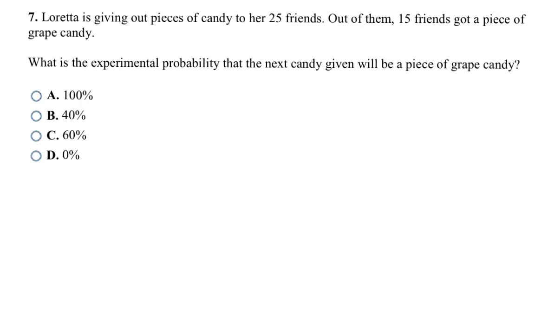This question says Loretta is giving out pieces of candy to her 25 friends. Out of them, 15 friends got a piece of grape candy. What is the experimental probability that the next candy given will be a piece of grape candy? So getting a piece of grape candy happened 15 times, to 15 friends, so that's my numerator. And she gave out a total of 25, so that's my denominator.